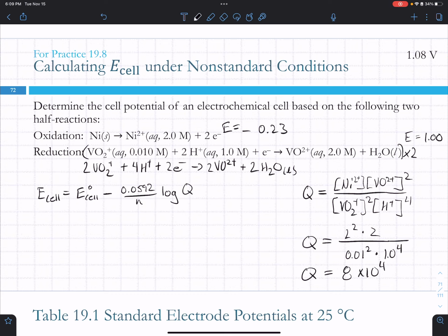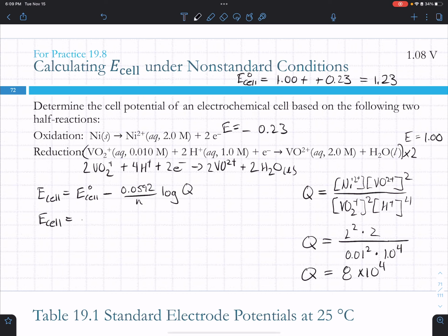So which one's our cathode? The vanadium, the reduction reaction. So our E cell at standard conditions is going to be the cathode, 1.00, minus the anode. The anode is negative 0.23. So that ends up being plus, so 1.23.